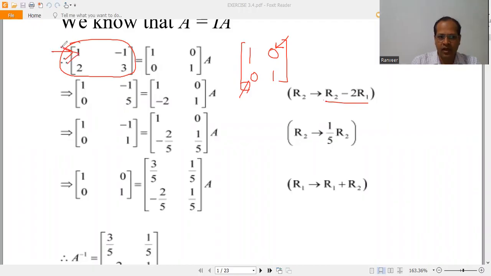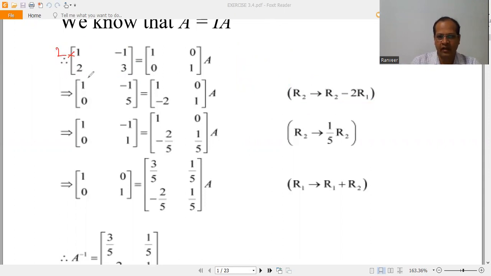first of all, we multiply the first row by 2 and subtract from here. That is R2 tending to R2 minus 2 R1, the first operation. Once we do this, multiplying by 2 and then subtracting, we get this value. The same operation we have to apply on the right side also.